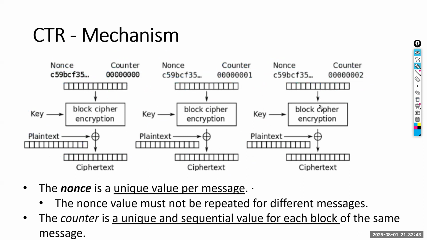Remember, one of the issues with electronic codebook mode was that for the same plain text, you get the same ciphertext. But now for the same plain text, you get different ciphertext because your counter is different, and the counter is also an input. So the counter approach has all the advantages of simplicity and of electronic codebook, but at the same time, it hides patterns because of this counter.